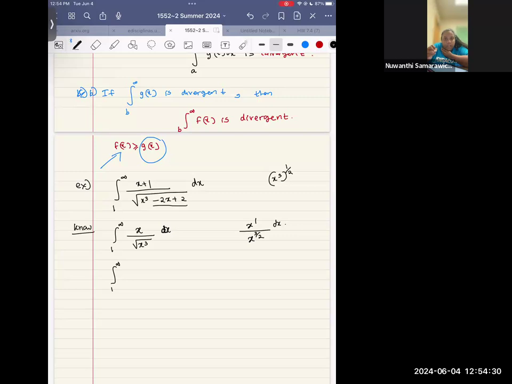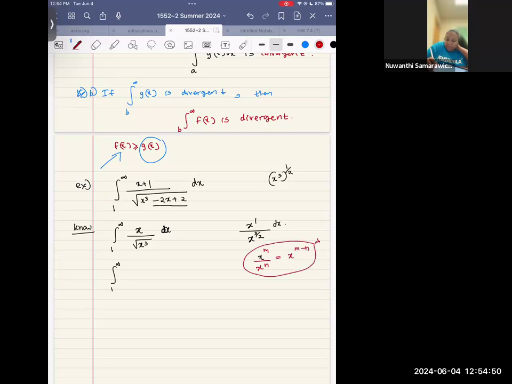It is x to the power... Yes, so here you will get. I'll recall again: if you have x to the power m over x to the power n, we can write this as x to the power m minus n.